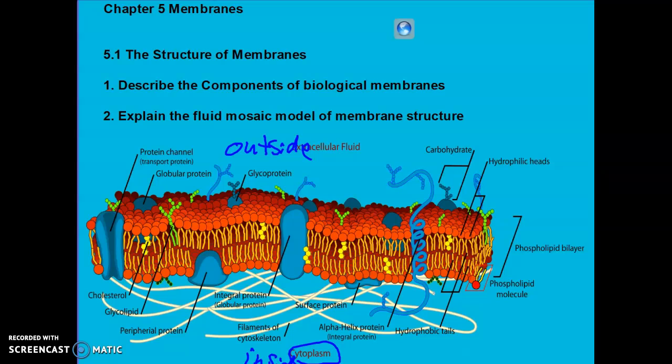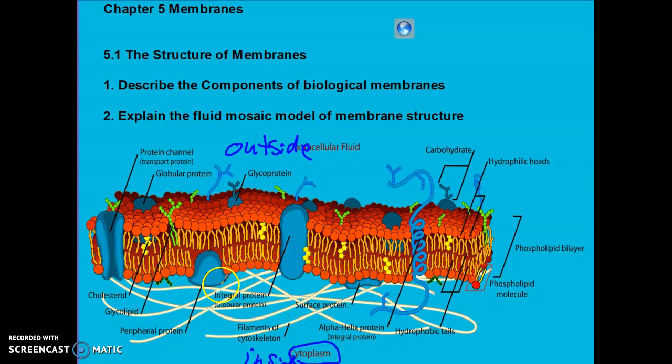You will notice this is just a little cross-section piece of the cell membrane, and it shows how complicated that structure is and how many things are embedded and attached to that cell membrane. So if this is that phospholipid bilayer, which we're going to talk about, you can see there are things called glycoproteins, and then there are globular proteins, and there are protein channels, which are like a tunnel going through that cell membrane.